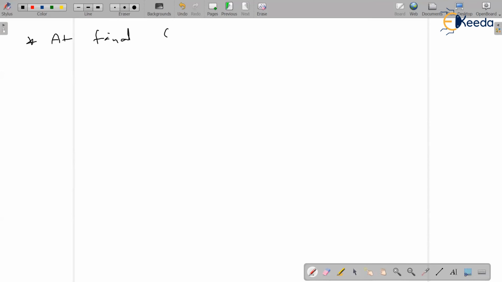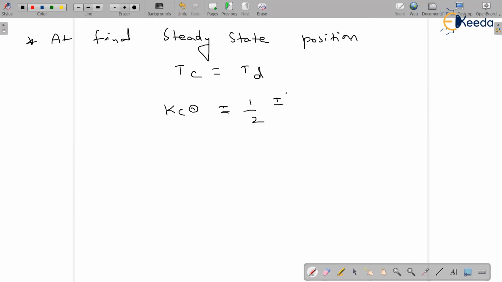At the final steady state position, Tc is equal to Td. Kc theta is equal to half I square dL by d theta.